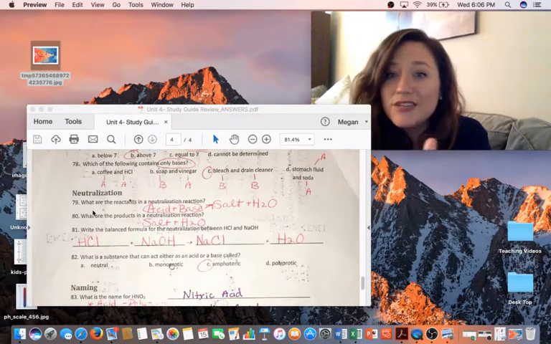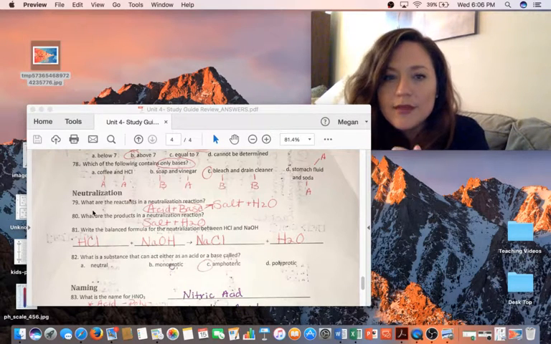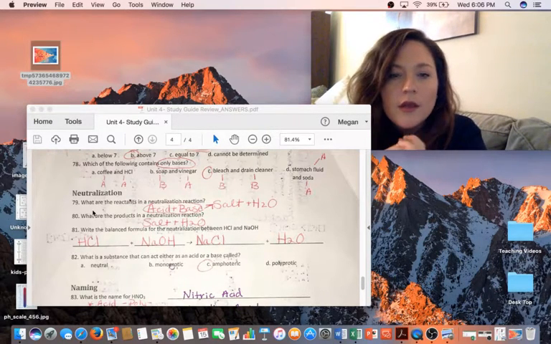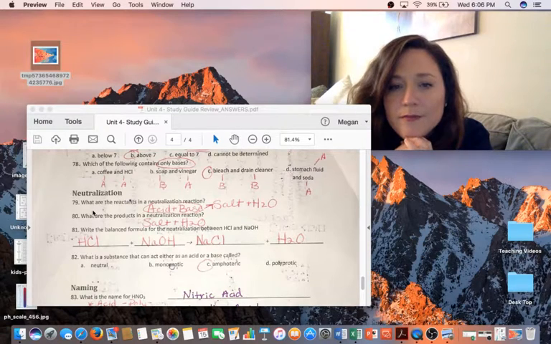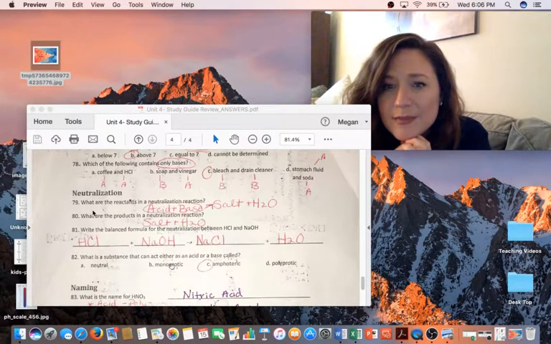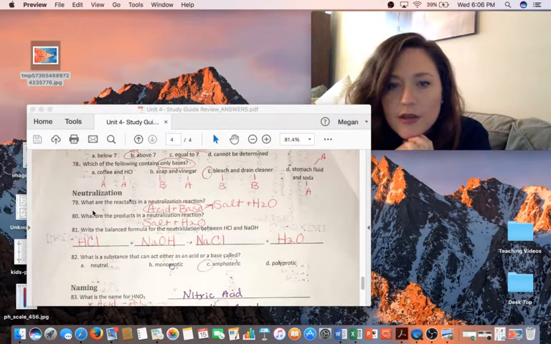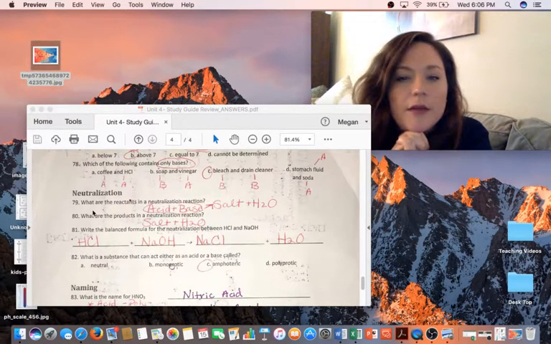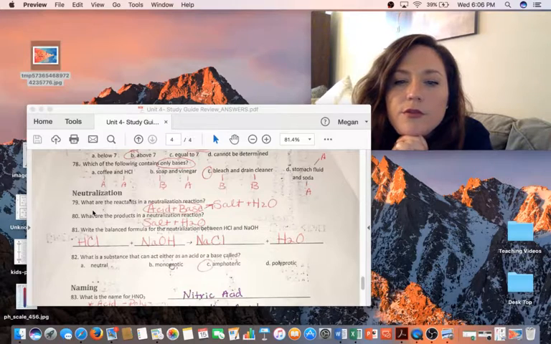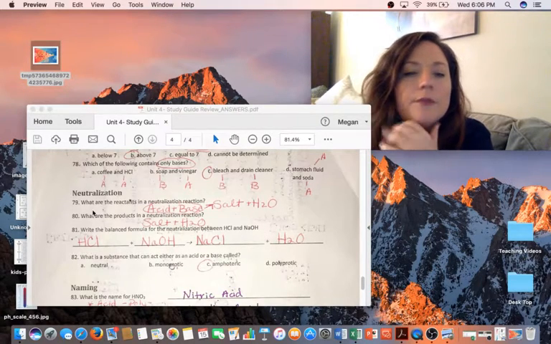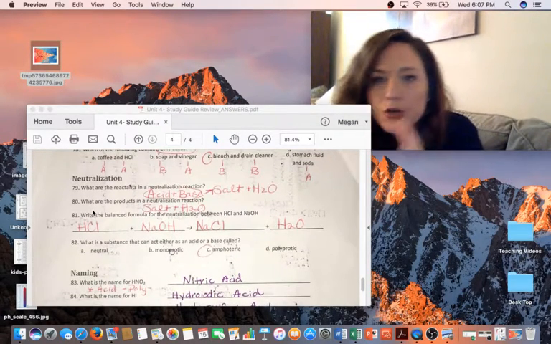Then you have bleach and drain cleaner, and both of them are bases. Win-win. And then, by the way, stomach fluids: you have a lot of stomach acids that help break down those amazing foods that you like to eat. If you're a total foodie, then you know what I'm talking about. And soda acid.